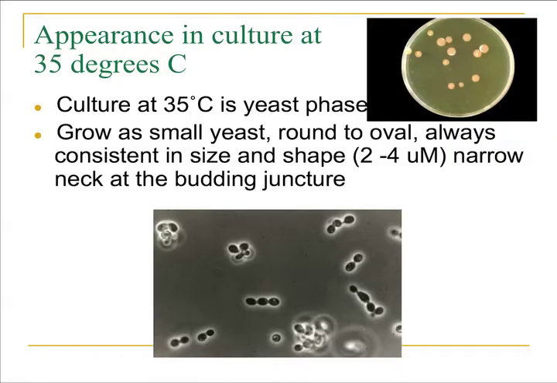On the next slide is the appearance of Histoplasma in tissue. Granulomas are usually produced and can be either caseating or non-caseating. The infection usually begins by breathing in the infectious particle, which is the microconidia, and setting up infection in the lung. So most primary Histoplasma capsulatum infections would be pulmonary infections.